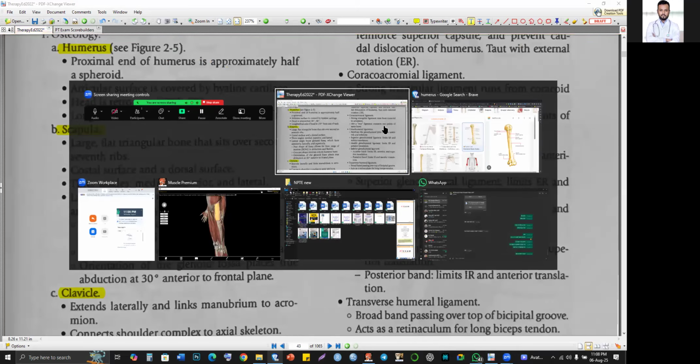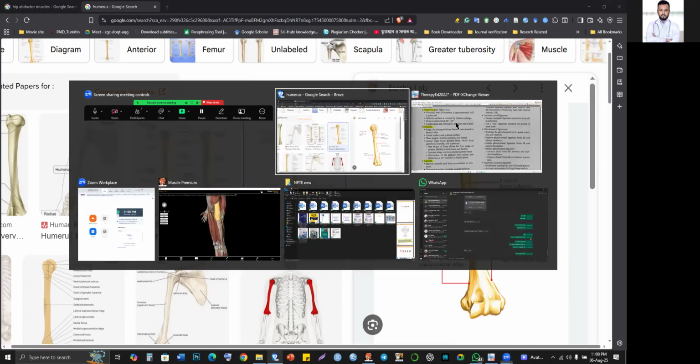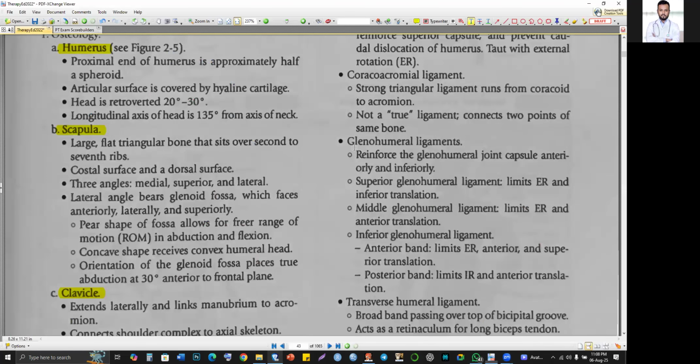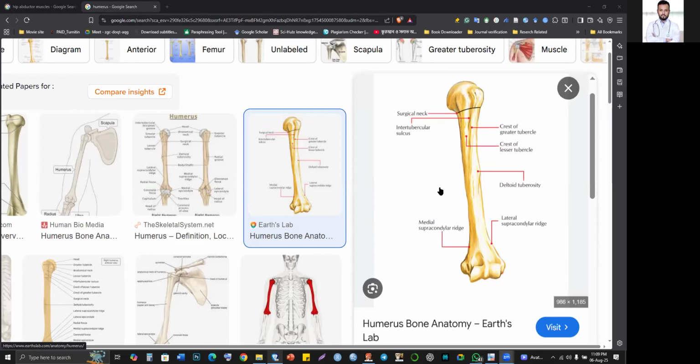So if we look at the neck over here, this is the neck, and the head of the humerus is 135 degrees from the axis of the neck. They just say it so. I hope my screen is visible.